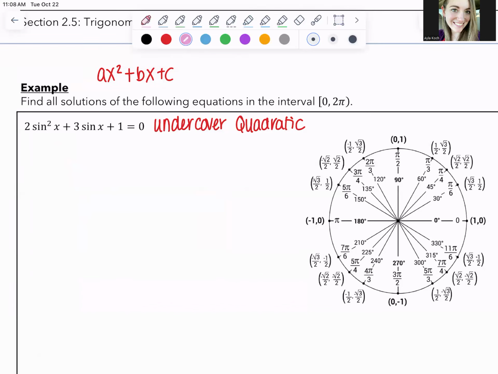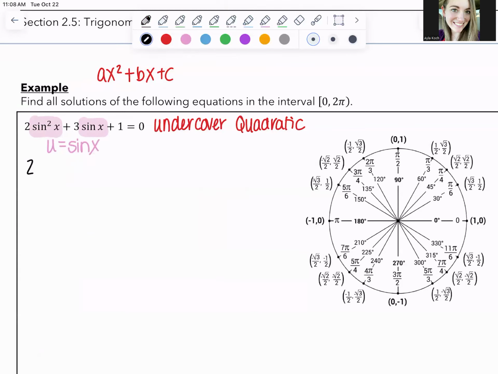We do a really simple substitution here. You can use any variable you want. I'm going to choose u because in calculus you do something called u substitution. So I like the use of u for substituting. And I'm going to take this sine squared x and sine x. I'm going to make u equal to sine x.